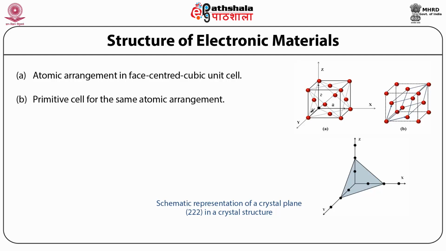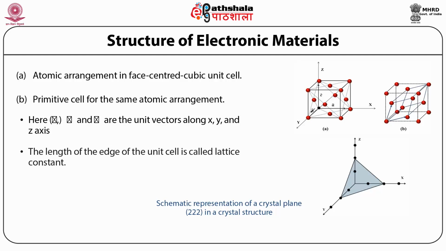As shown in figure A, a cap, b cap and c cap are the unit vectors along the x, y and z axis respectively. The length of the edge of the unit cell is called the lattice constant.